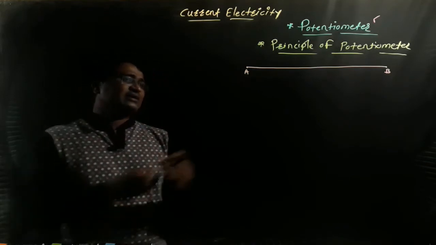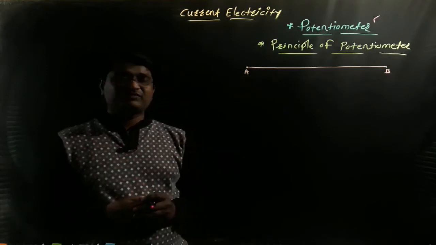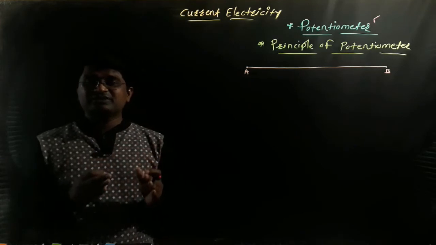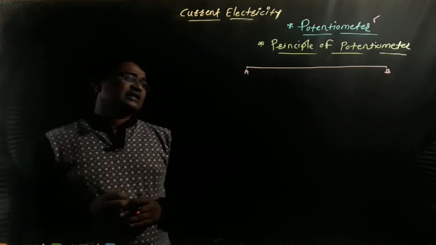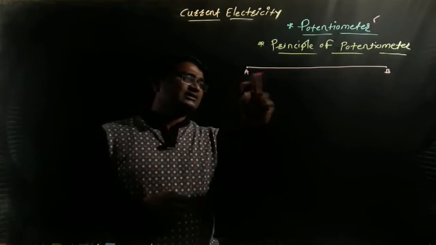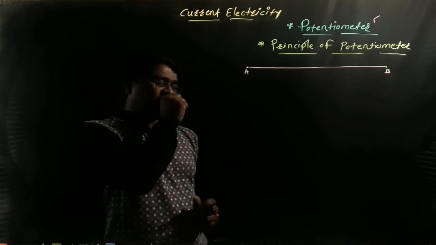Imagine that AB is the potentiometer wire, near about 4 meter long. A potentiometer has a wire of 2 to 10 meter, a very long wire with uniform cross-section. This wire AB is divided into a number of segments.